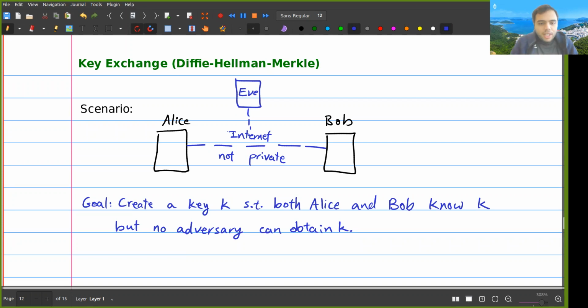So if we don't already have a shared key, how is it that we can have some key K at the end of it, such that both Alice and Bob know the key, but Eve cannot compute the key?